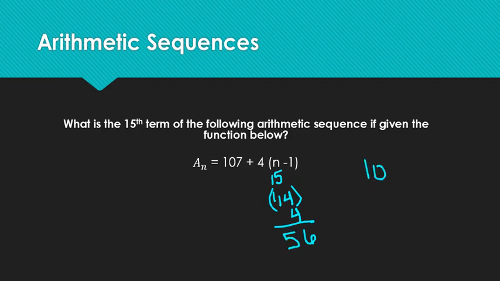So I have 107 plus 56. 7 plus 6 gives me 13. That'll be 3, and I'll have 163. So 163 would be my 15th term.